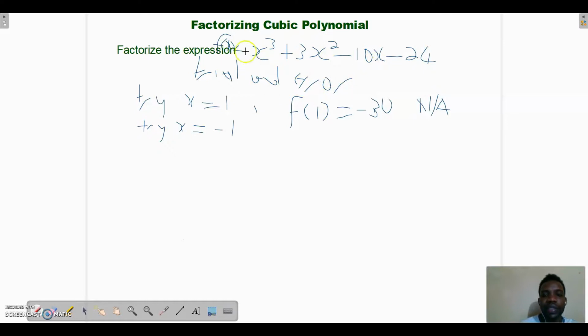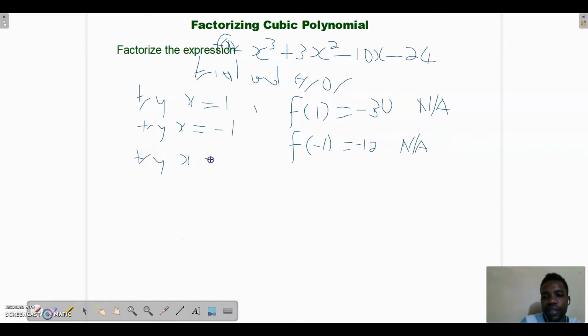Because if we replace x by 1, it doesn't really change the values that we have here. Let us try x equal negative 1 and see what happens. So when I plug this into my calculator, f of negative 1, I get negative 12, which is also not applicable. Alright, so we move on to 2.